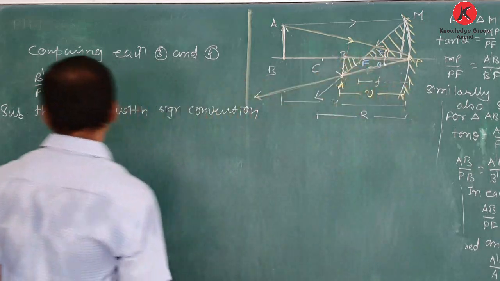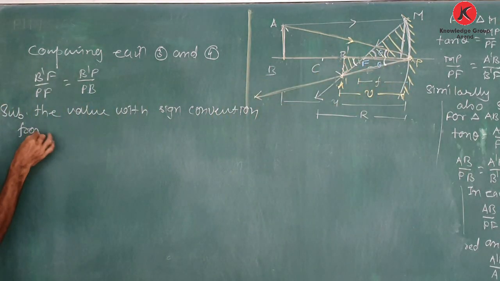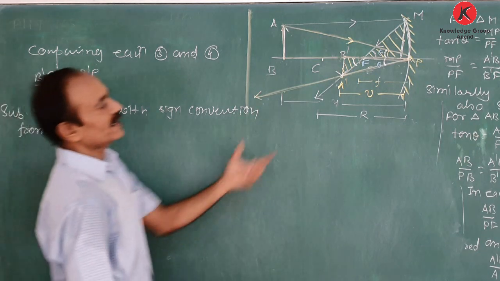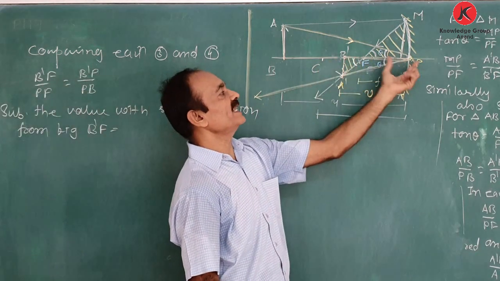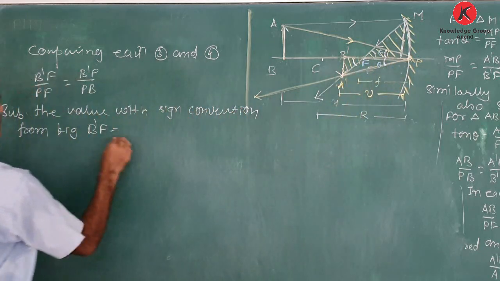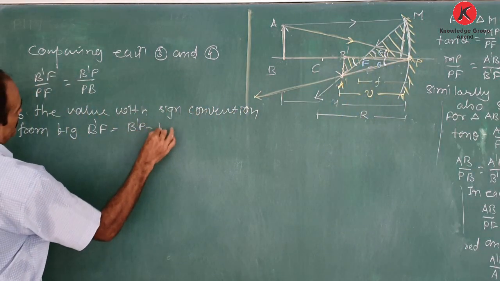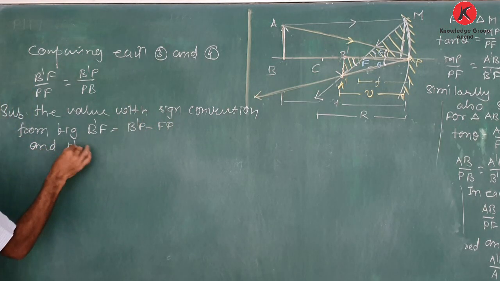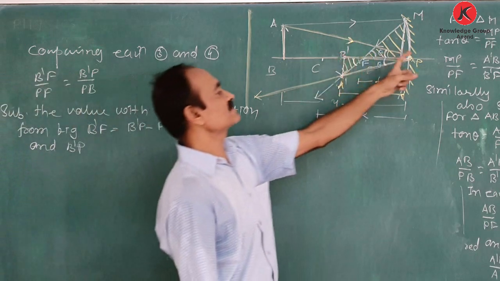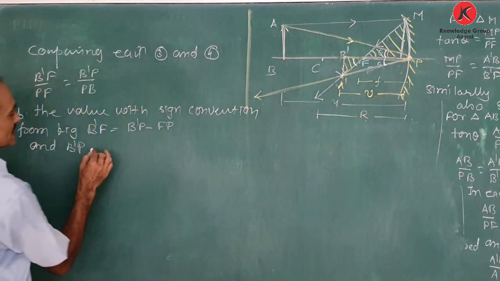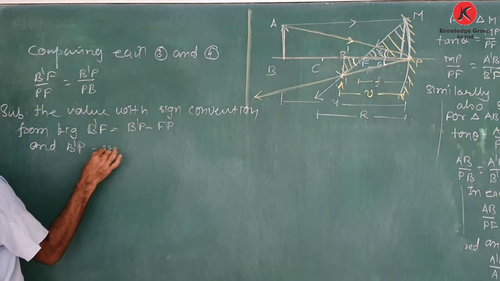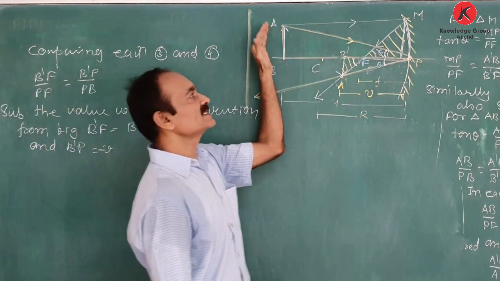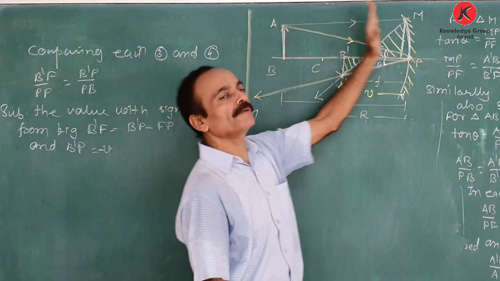B'P is our image distance v, and that is negative, because our sign convention is that the direction of the incident ray is from AB to MP.